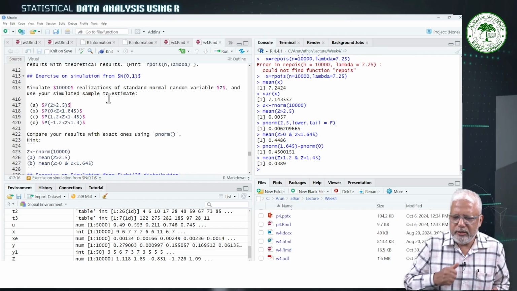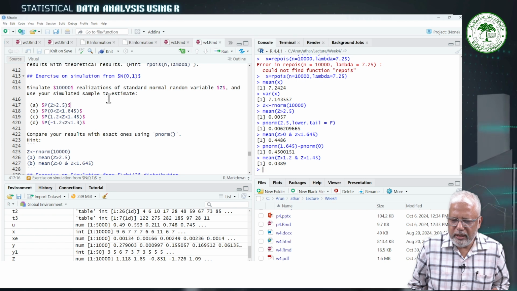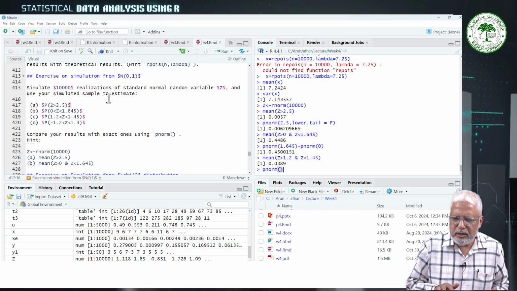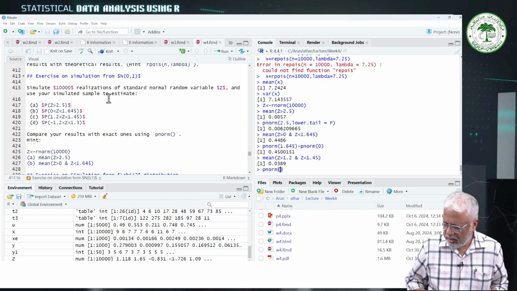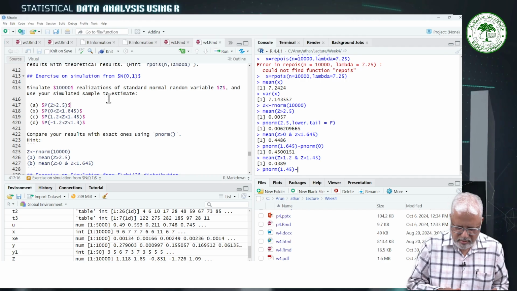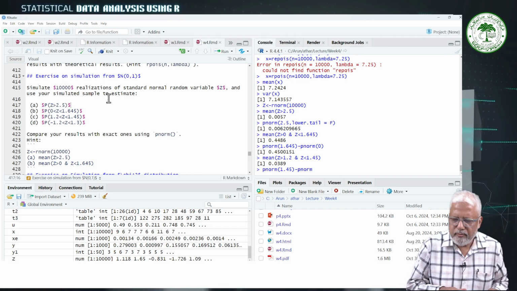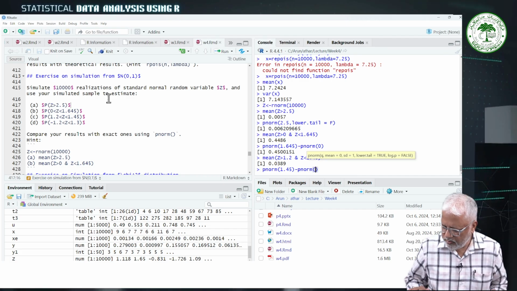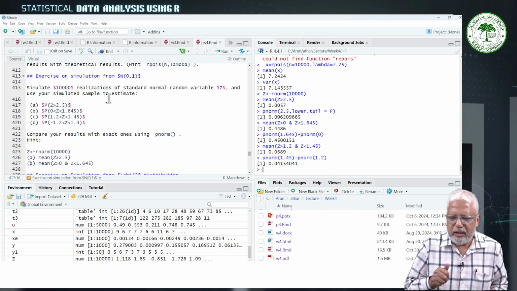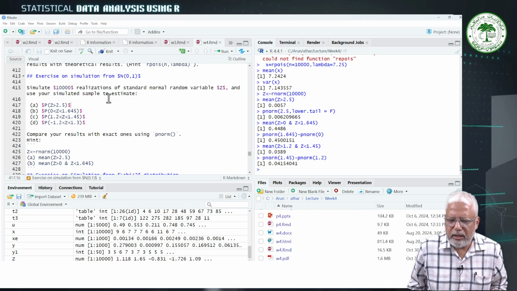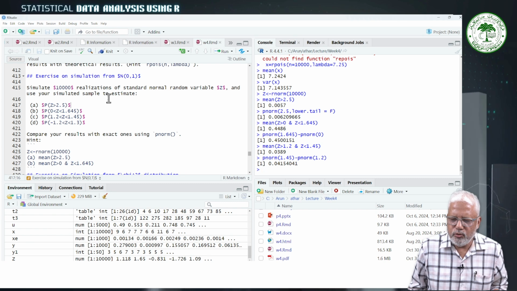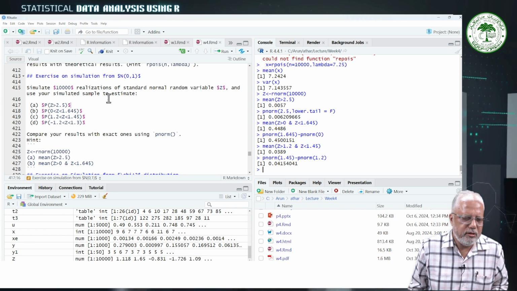So this probability is 0.0389, and we can verify this using pnorm 1.45 minus pnorm 1.2, and we are getting the same result, 0.0389 and 0.04158. So they are matching.